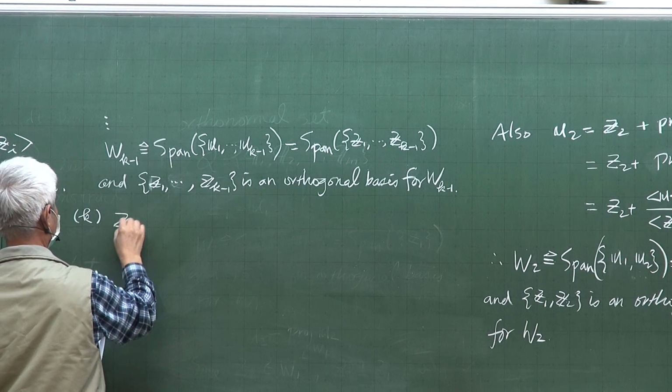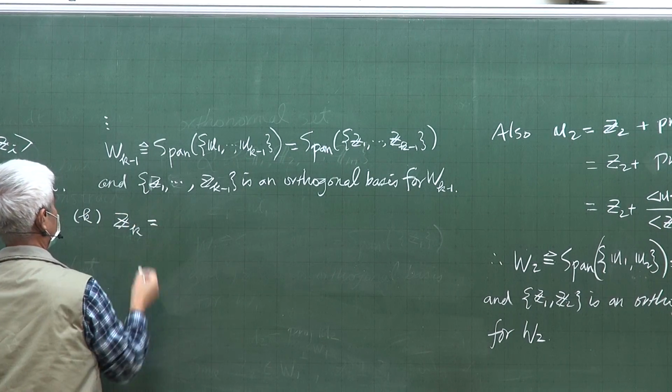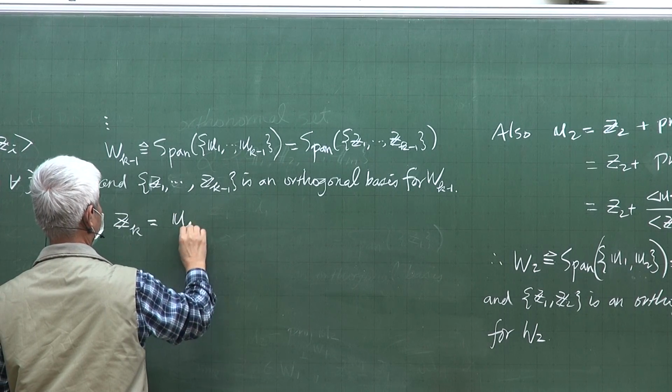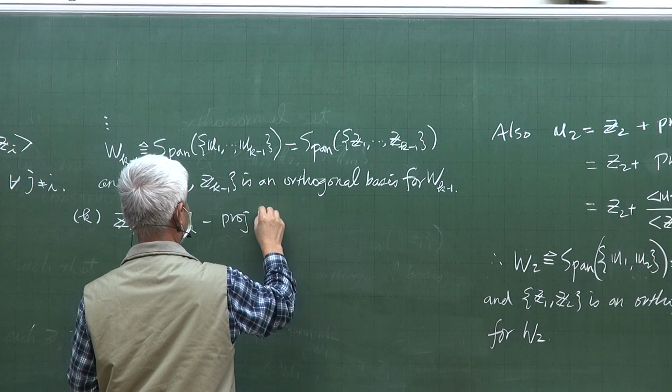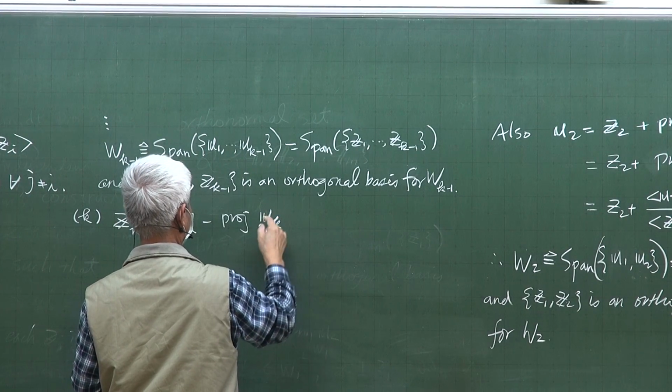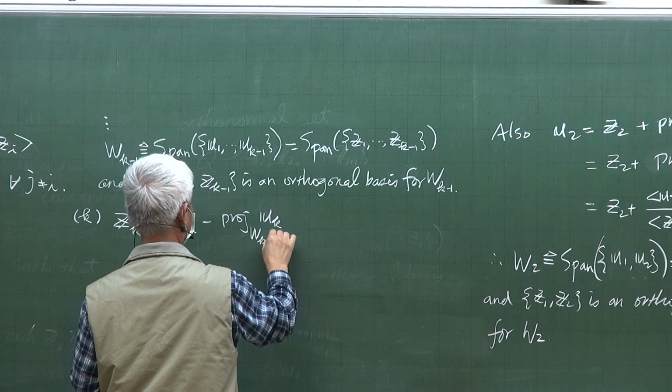We let zk be uk minus the projection of uk onto W k minus 1.